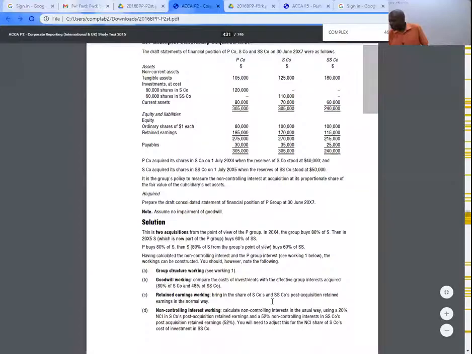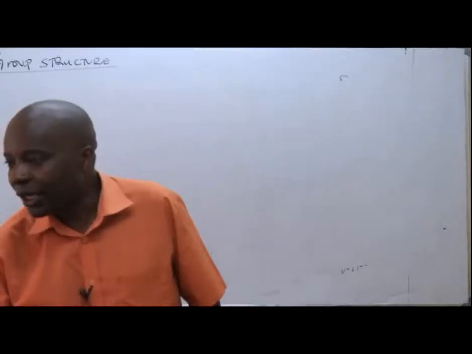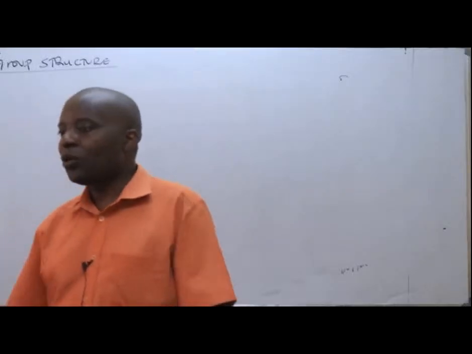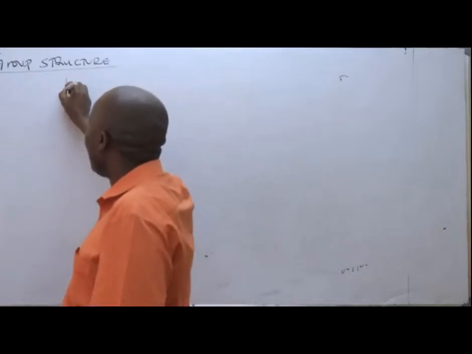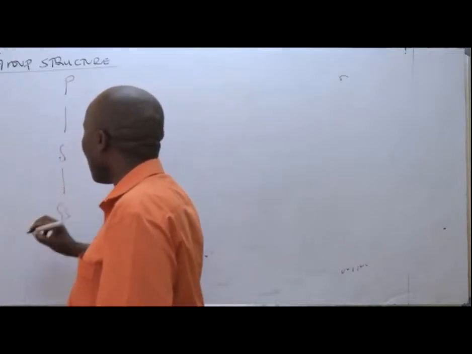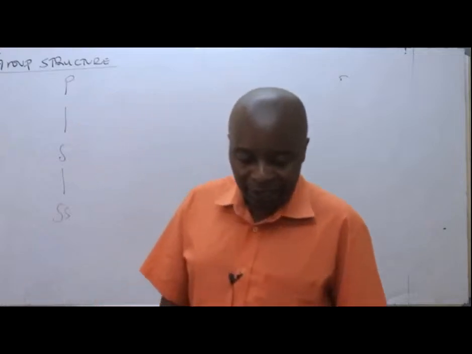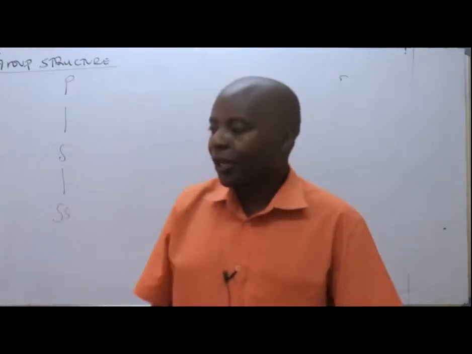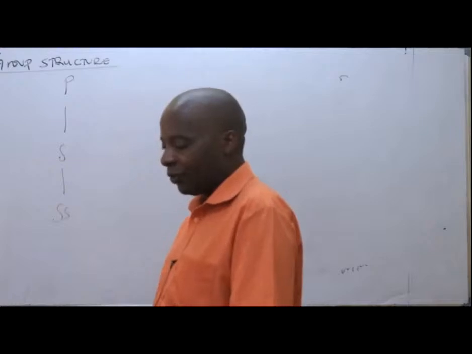So ladies and gentlemen, how will the group structure look like? We have P company that acquired S. S went ahead in this case to acquire some other company. Great. So then give me the shareholdings.